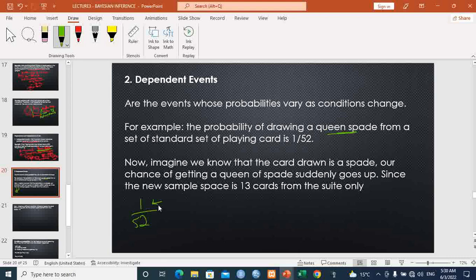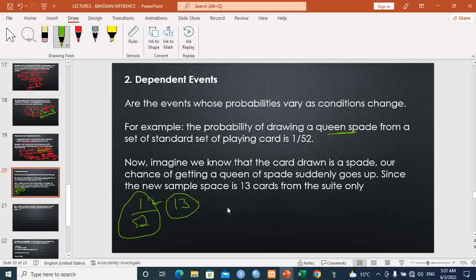Interesting, right? Now imagine we know that the card drawn is a spade. Now we have 13 spades and 13 hearts, and so on. So we now know we have drawn a spade.